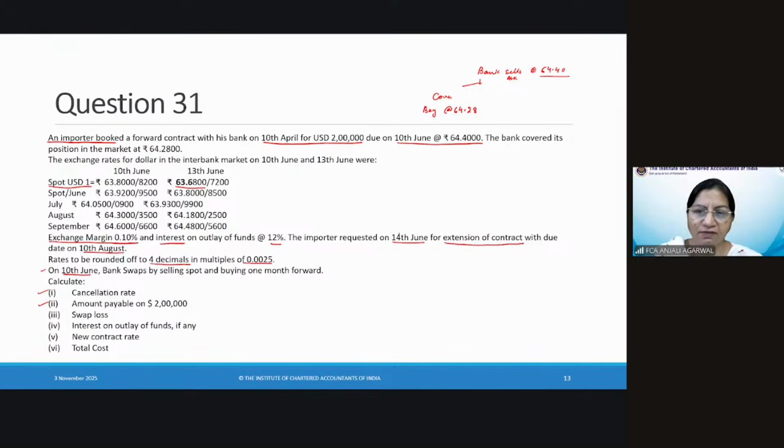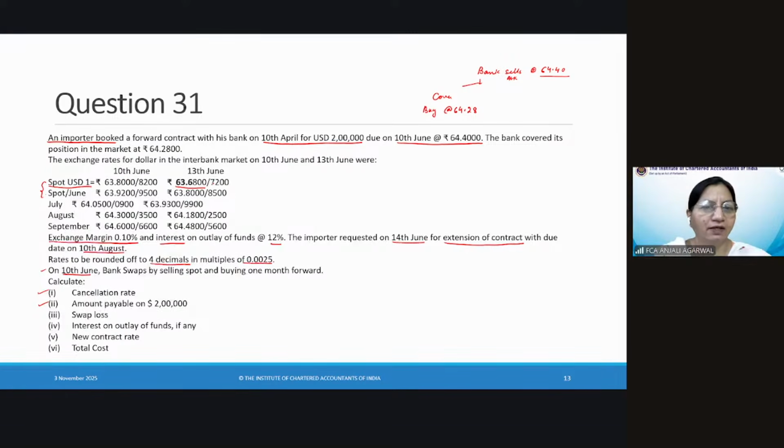So we take the opening rate or closing rate of 13th June, let's say. Ma'am, in the same line, we have spot in June for 13 June is 63.80. What is the difference between spot USD 1 and spot June? Okay. These two things you are saying. Yes, ma'am. These are the specific rates on 10th June and 13th June.